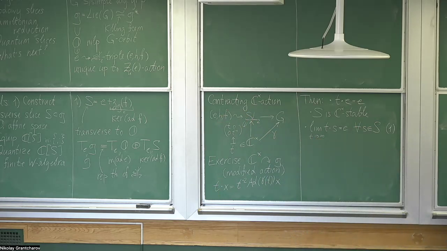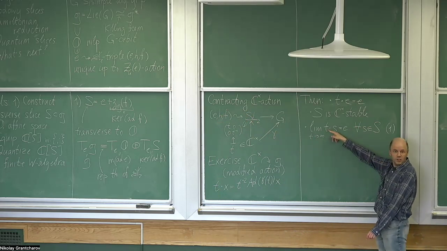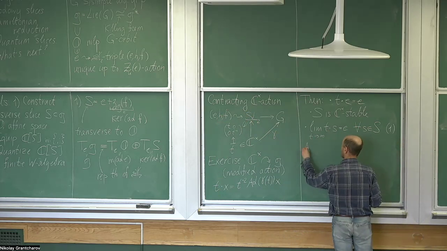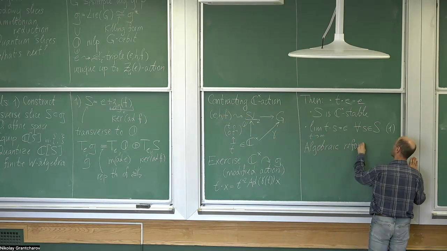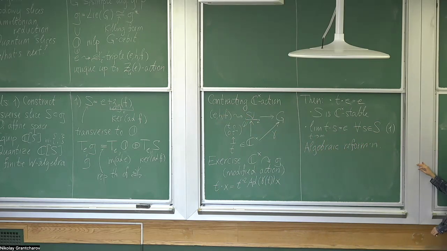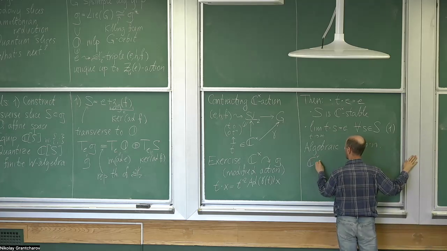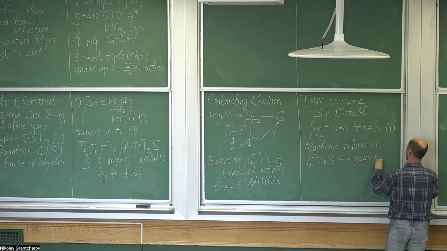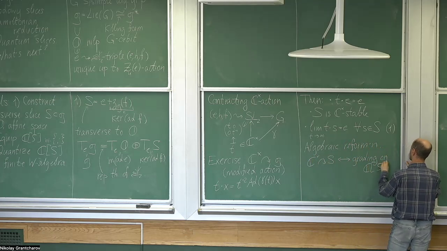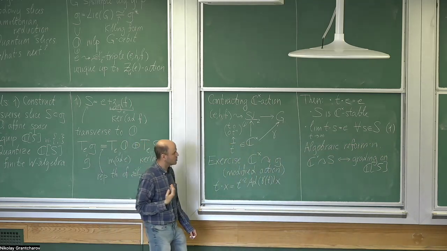And then this property can be reformulated algebraically. Namely, to give an action of C star on an affine variety is the same as to give a grading on its algebra of functions. What does being contracting mean? Contracting means that this grading is positive.